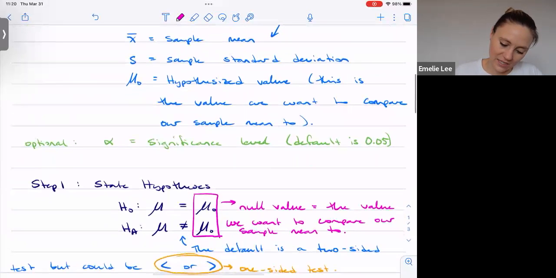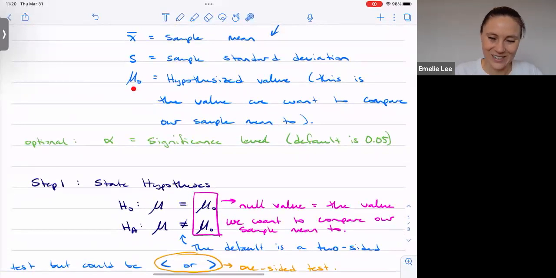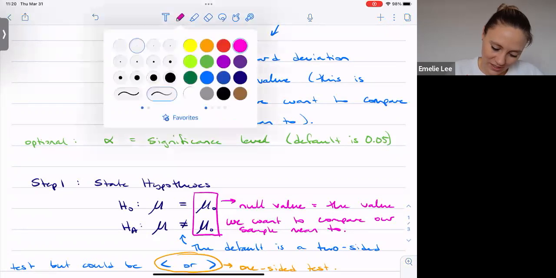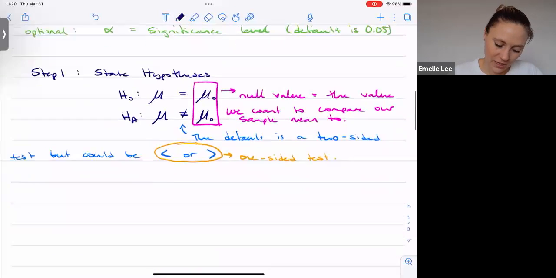I've already said that here. This is the value we want to compare our sample mean to. But I know that this is really hard, right? And so I'm going to say a bunch of stuff over and over and over again, and then hopefully eventually it'll sink in. That's just how it is. Okay. All right.